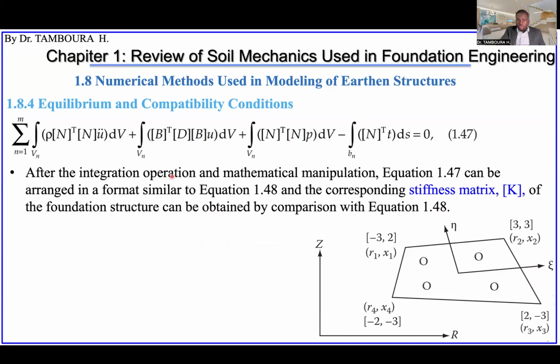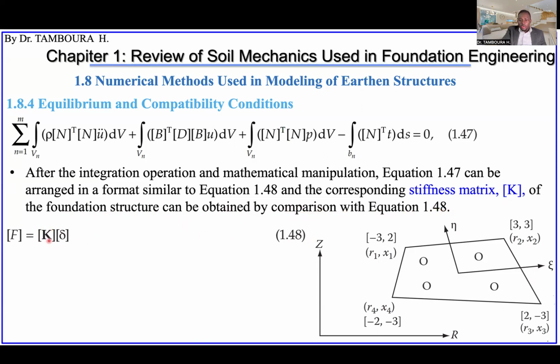So after the integration operation and mathematical manipulation, this equation 47 can be arranged in a form similar to this equation 48. Okay, and the corresponding stiffness matrix of the foundation structure, because we are dealing with a foundation here, can be obtained by comparison with this equation 48.